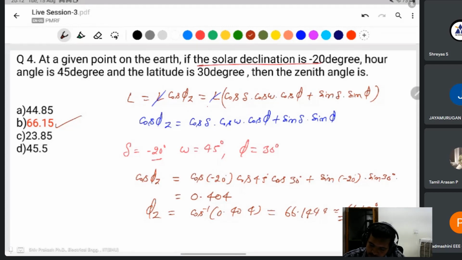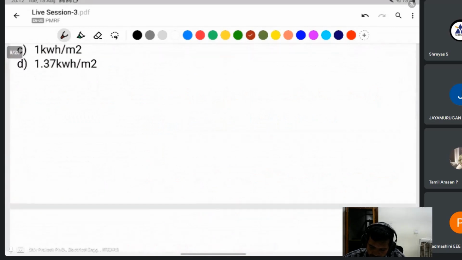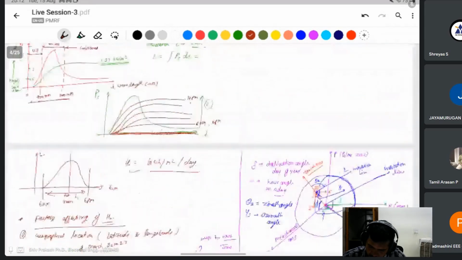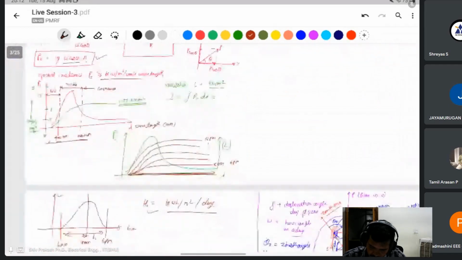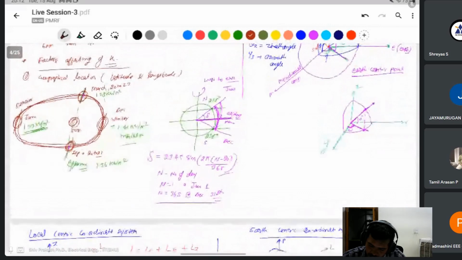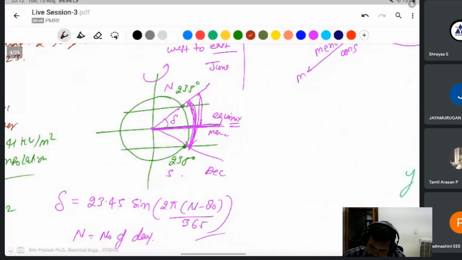The solar declination angle is given as 20 degrees. It means this angle will be negative here.